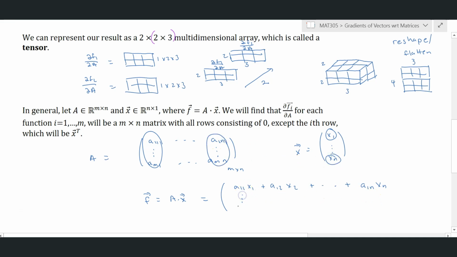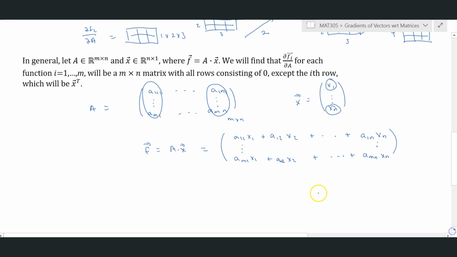And that means that working down, the last row will just be am1 x1 plus am2 x2 all the way across to amn xn. And so you can imagine that depending on which component of the matrix you're taking a derivative with respect to. So think about this as f1 all the way down to the mth function. Similar to the 2 by 3, where we just went from f1 to f2.